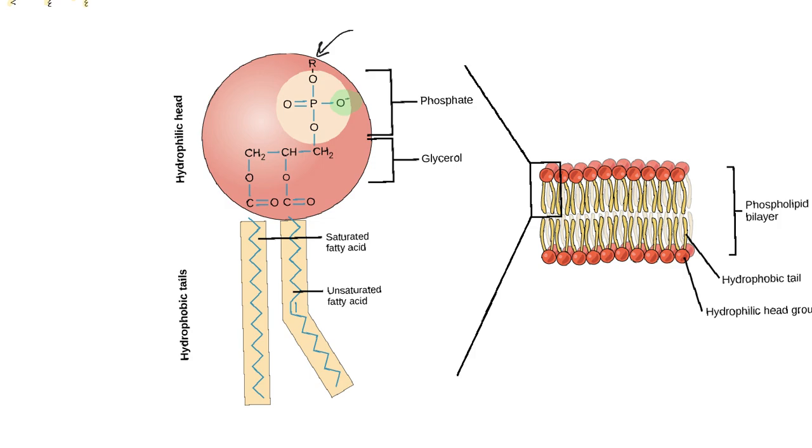You can draw P, C, C, C. You draw here O, P, O, negative. This is H, this is H, this is H2, this is C, this is O, C.